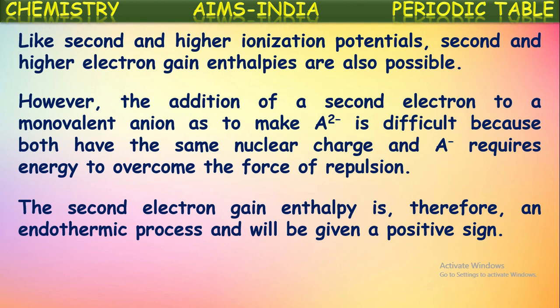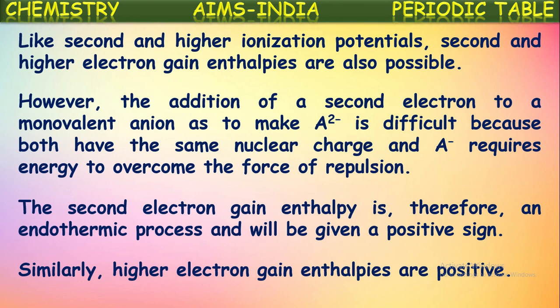If it is an exothermic process, in chemical equations that energy is represented with a negative sign. If it is an endothermic process, then it is denoted with a positive sign. Similarly, higher electron gain enthalpies are also positive, which means they are also endothermic in process.